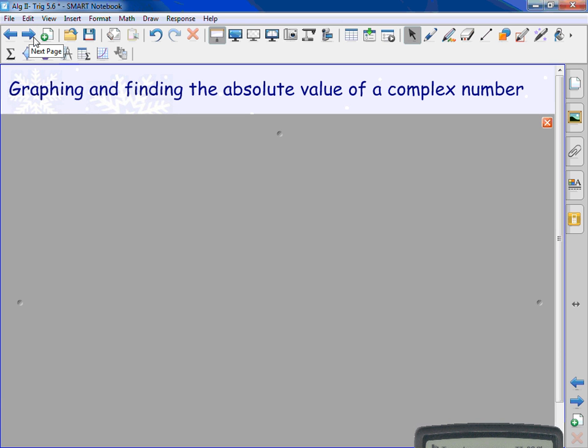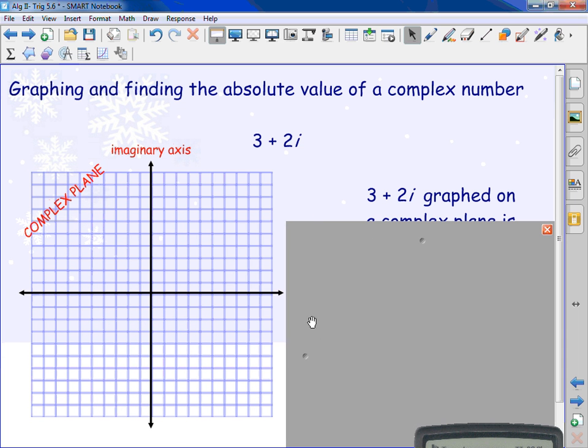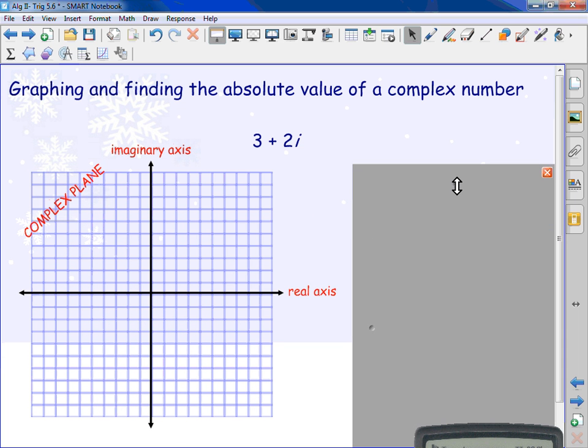We can graph imaginary numbers. This is the complex plane. Instead of having x's and y's, you have the reals and the imaginaries. It's a complex graph. So look at your real number. 3. 1, 2, 3.